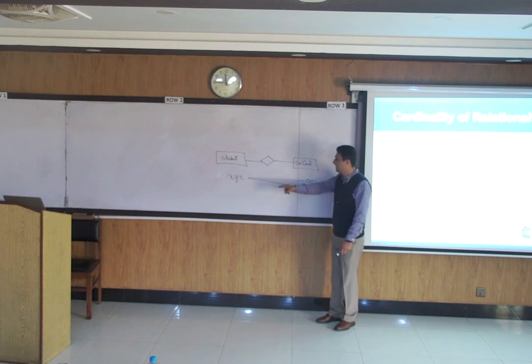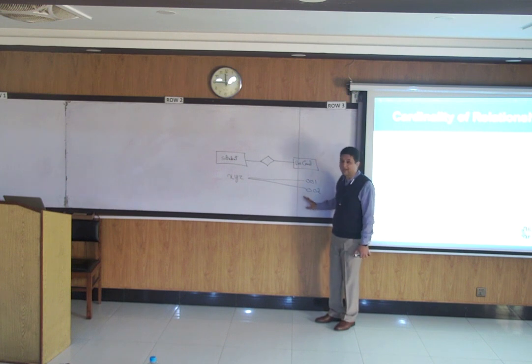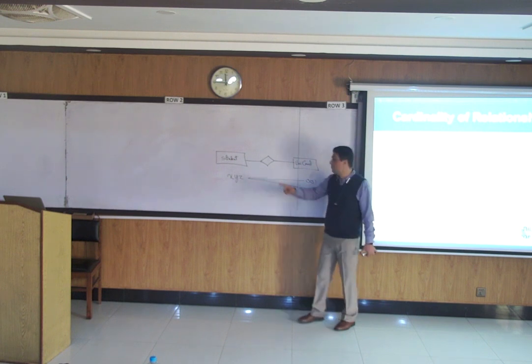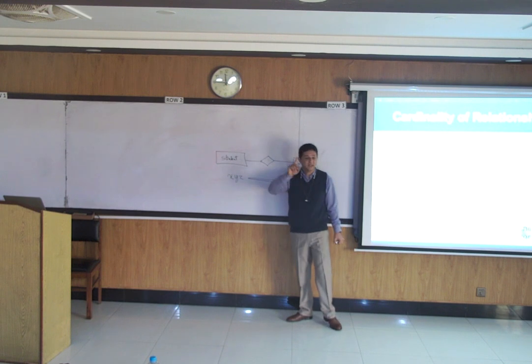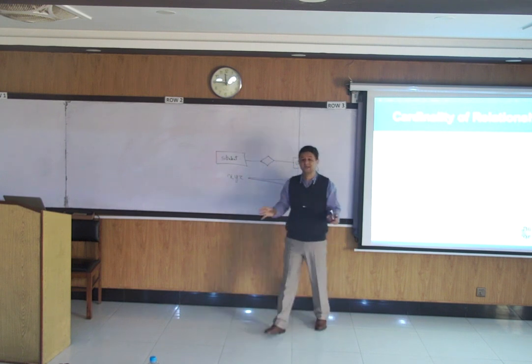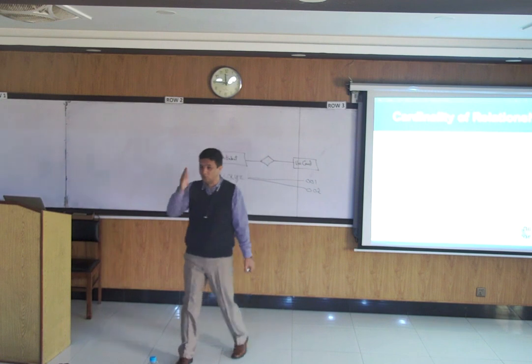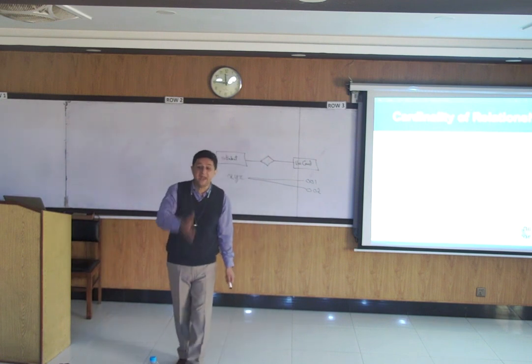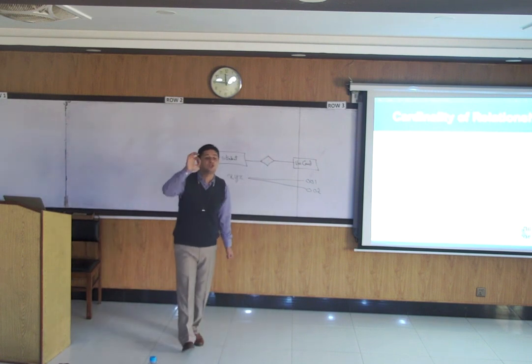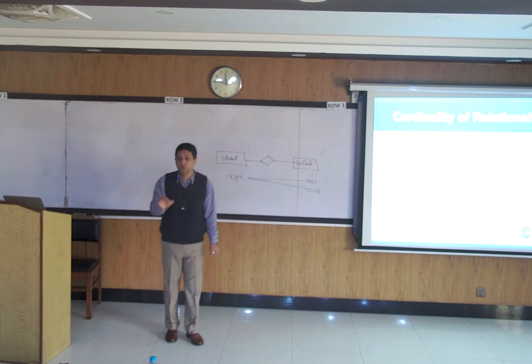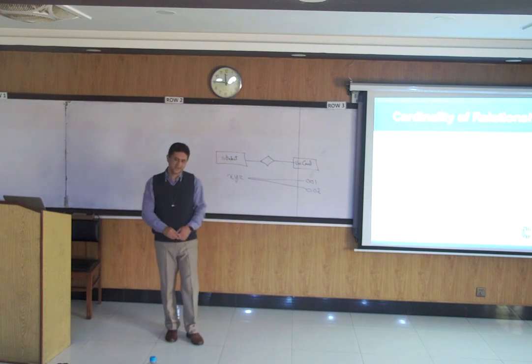So from this side, the cardinality is 1 to 1, which means that one instance of university card can be related to a maximum of one student's instance. So the cardinality that is 1 to 1 from one side while 1 to many from the other side is overall a 1 to many cardinality.